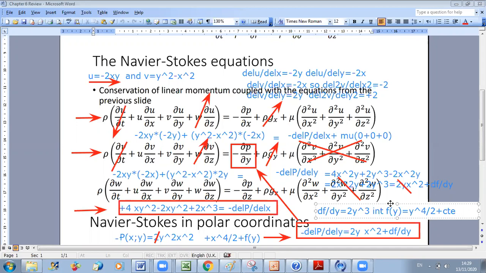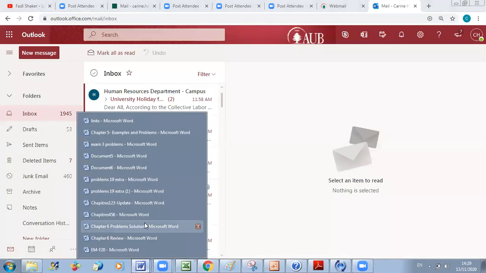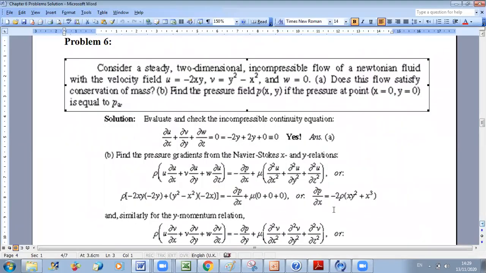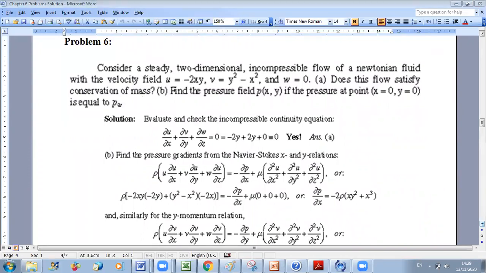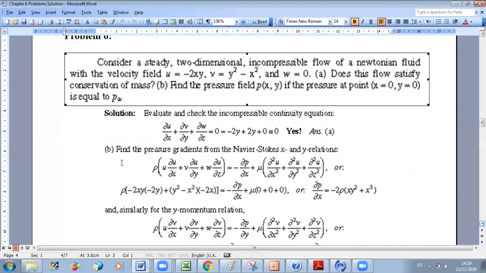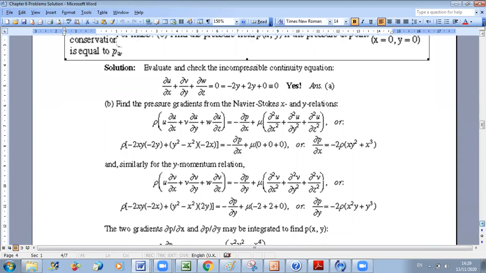So let us go back to our problem. They gave me a boundary condition. So if I go back to the problem here, they did the same strategy we did. They started with Navier-Stokes along x, then Navier-Stokes along y. They got the simplified form.